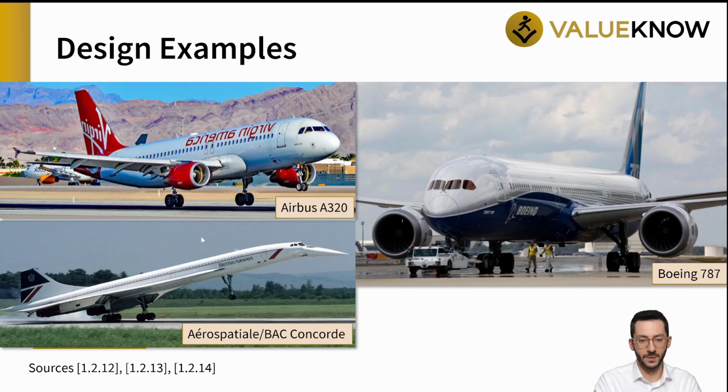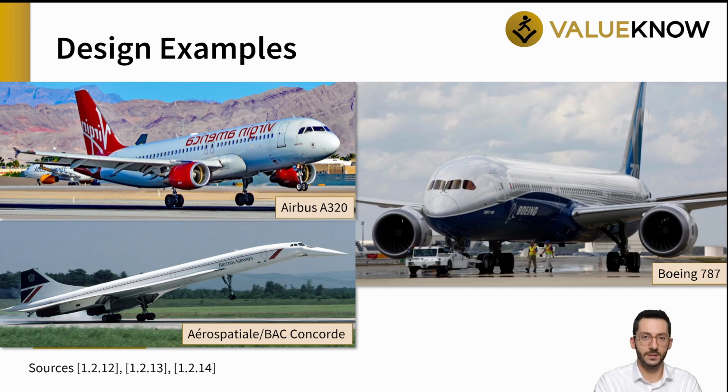Next, at the bottom, we have the Aerospatiale BAC Concorde, an icon of supersonic flight. The Concorde, which began commercial services in 1976, could fly at twice the speed of sound, dramatically reducing transatlantic flight times.